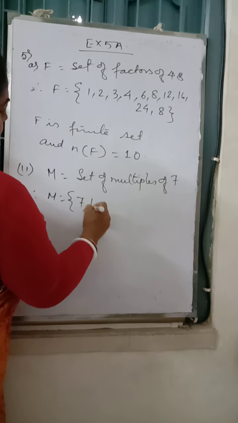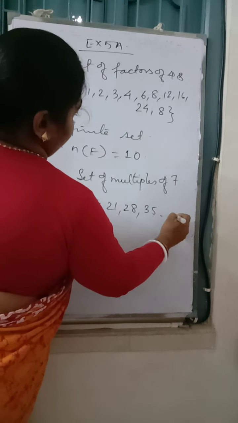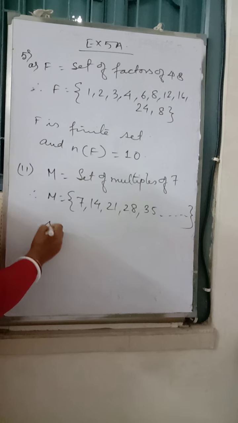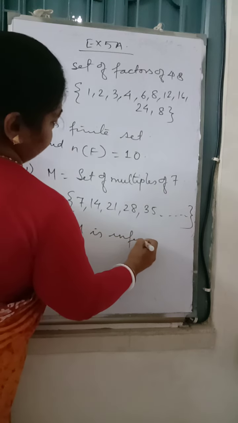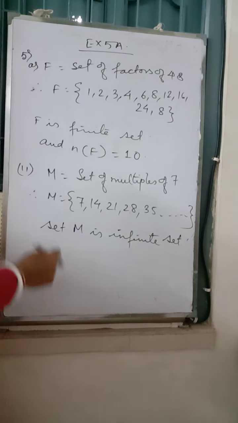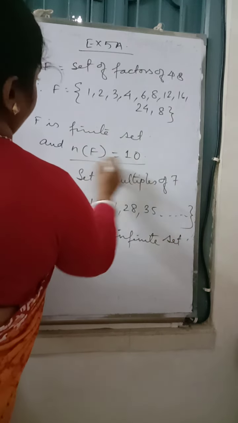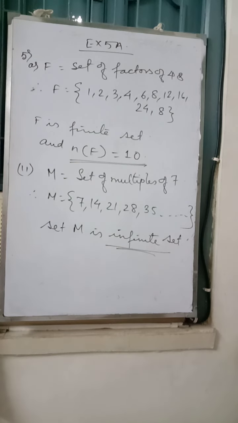Set M contains 7, 14, 21, 28, 35 and it goes on. So here we will write set M is an infinite set. If it is finite, we have to write the cardinal number. If it is infinite, we don't need to write the cardinal number because we cannot find the cardinal number of this infinite set. This is for question number 5.